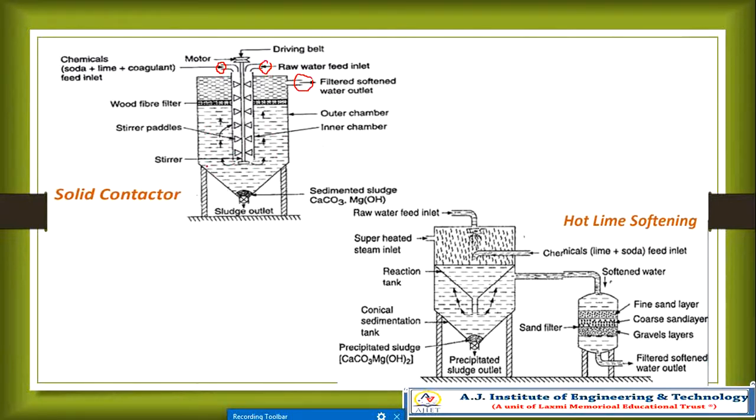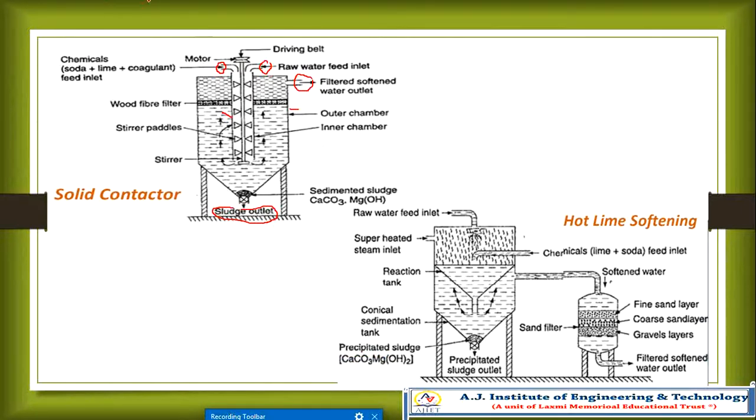Here is the inlet chamber and this is the outlet chamber, fixed with a stand. Here you can see the sludge outlet, where the sedimented sludge, CaCO3 and Mg(OH)2 precipitate, comes out. I hope you can easily understand this.